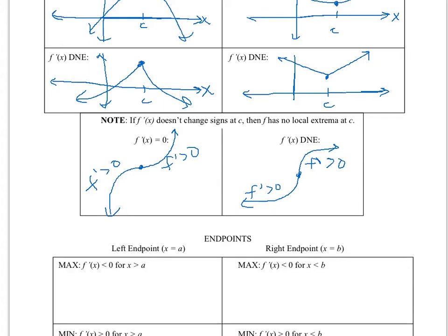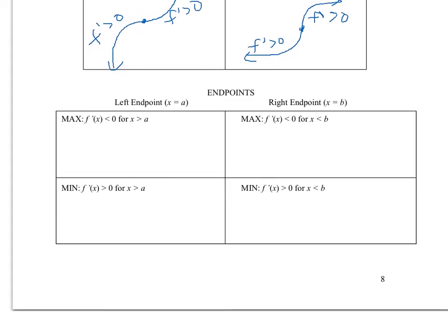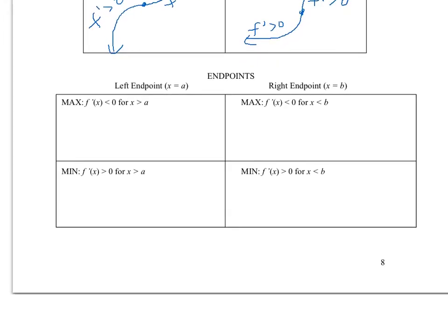We talked about endpoints a little bit in section 4.1, but this is just a reminder. Let's say you've got an endpoint of an interval at x equals a. As long as the derivative is less than 0, meaning you have a negative slope, you're going to have a maximum at your endpoint.